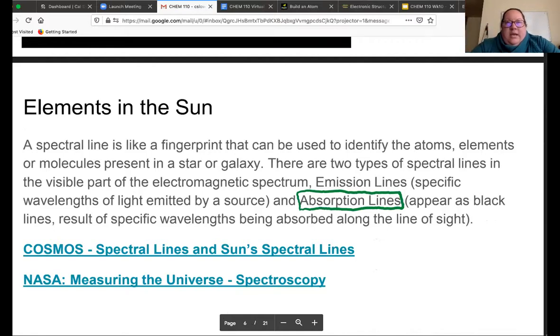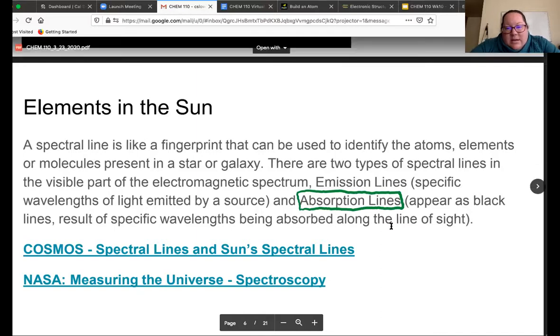Or if we are looking at another galaxy and we see the color of light coming from stars in that galaxy, we actually can determine composition based on two types of spectral lines in the electromagnetic spectrum. Emission lines are the colored lines that you saw on the previous slide. They're specific wavelengths of light that are emitted by a source.